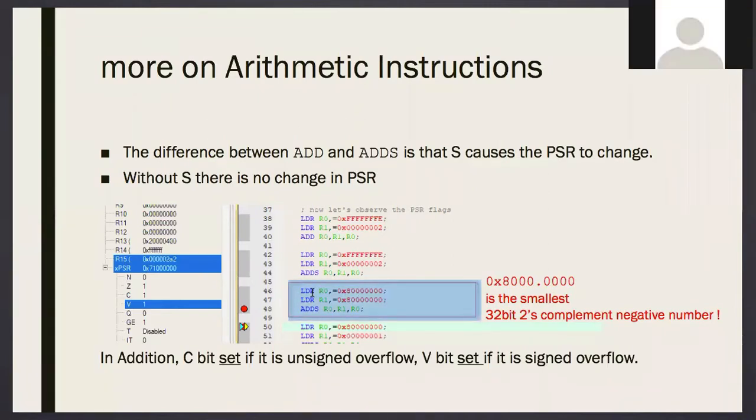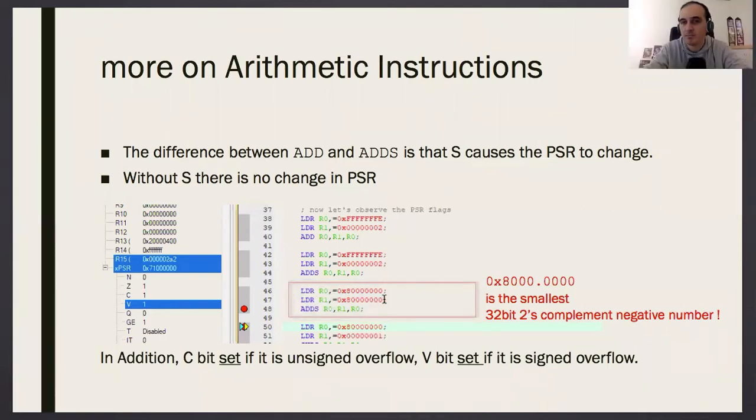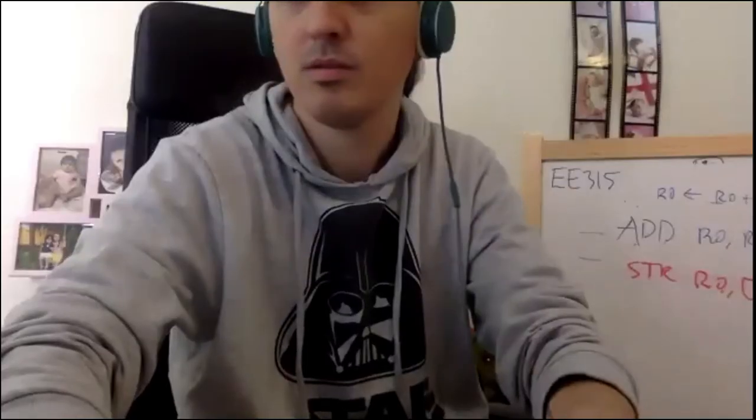If these are two numbers, imagine these are two unsigned numbers. If you sum these numbers up, guys, they are going to make a number which is bigger than 32 bits. Well, try to do it. Let's try to do it.